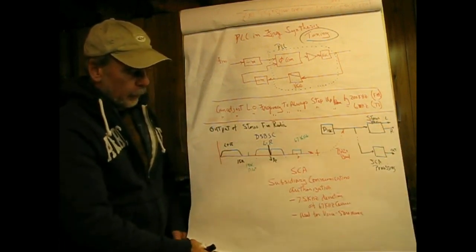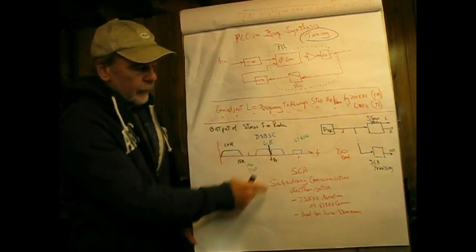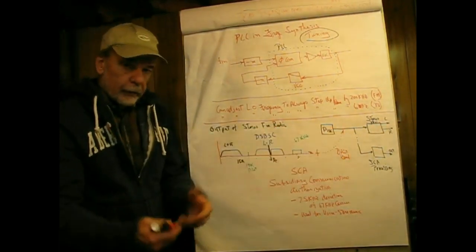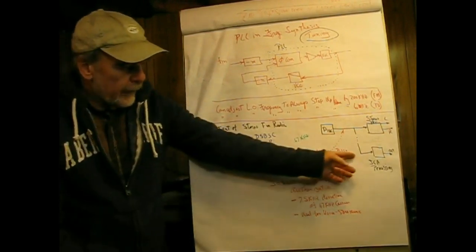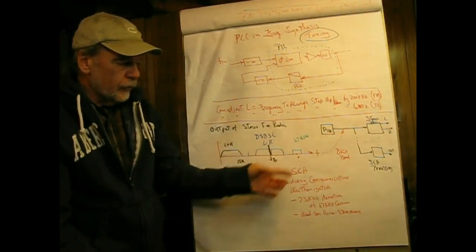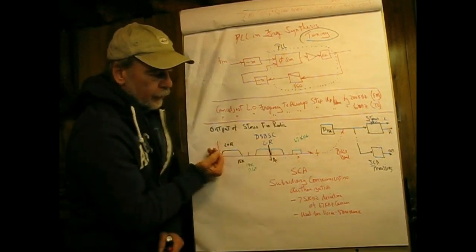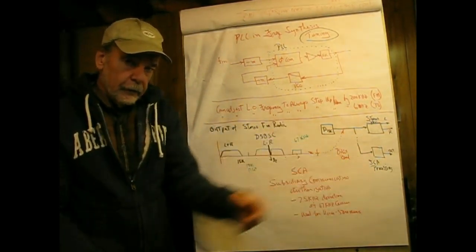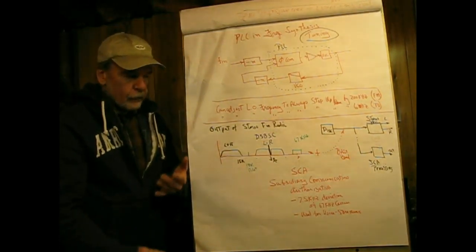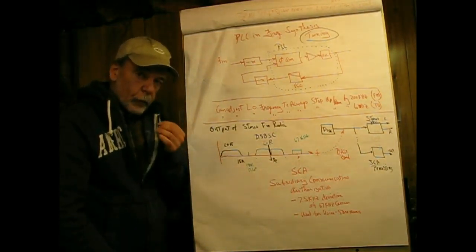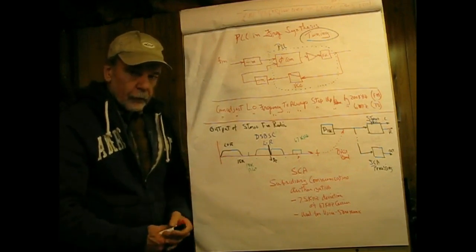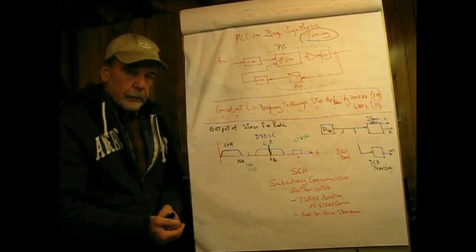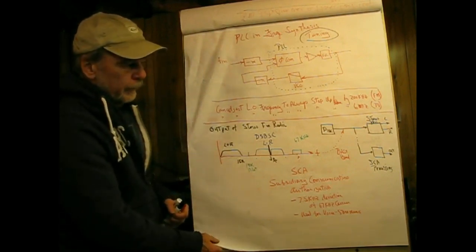And then to pull this off, by the way, all you'd have to do, coming out of the discriminator where all this is located, is have a tuned circuit, 67 kilohertz, get rid of this stuff, feed the output of that tuned circuit into a discriminator, phase lock loop if you will, whose free running frequency of the VCO sits at 67 kilohertz. You've got your audio output. Not very hard to do.